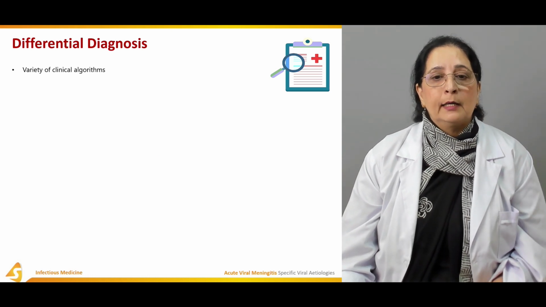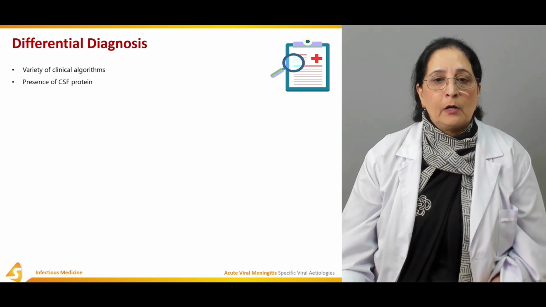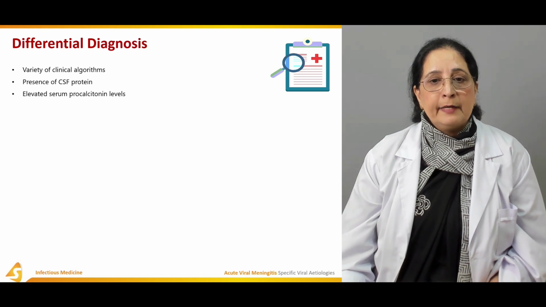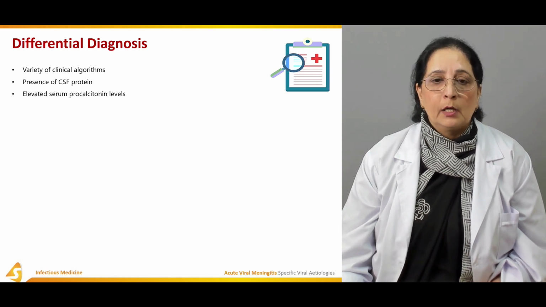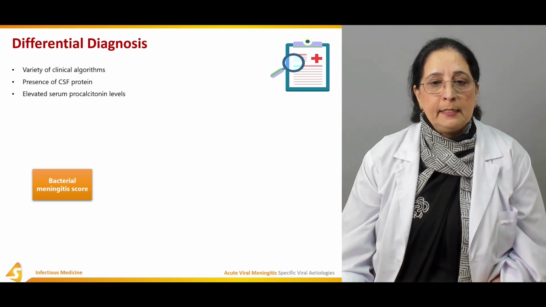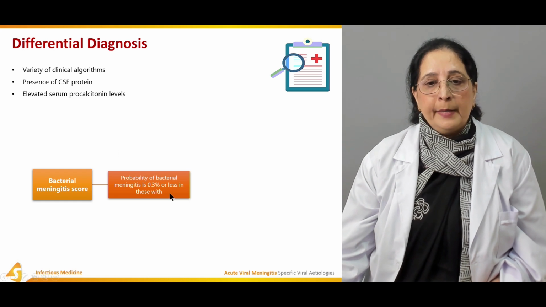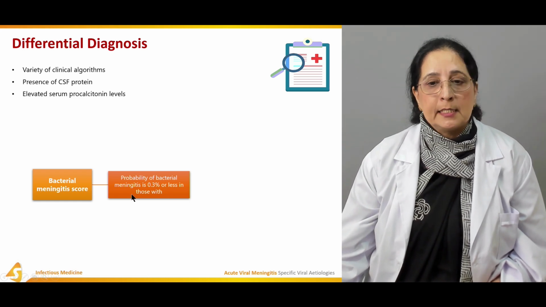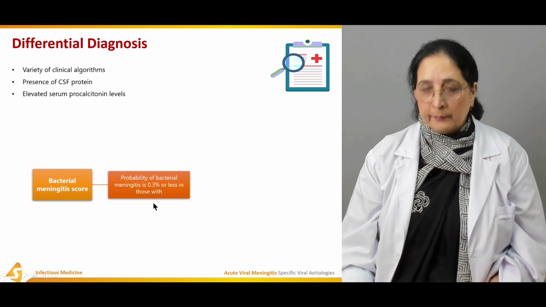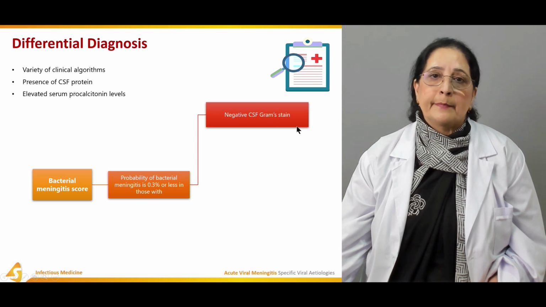A variety of clinical algorithms use cerebrospinal fluid protein, elevated serum procalcitonin levels, and the bacterial meningitis score. The probability of bacterial meningitis is 0.3% or less in those with a negative cerebrospinal fluid Gram stain.